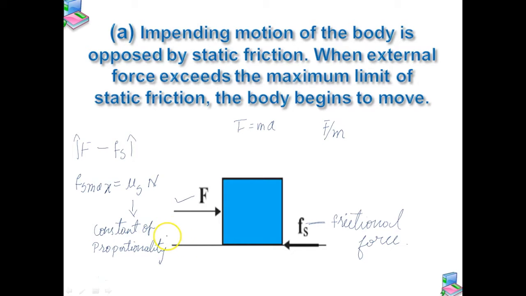The constant mu s is called the coefficient of static friction. The law of static friction may thus be written as Fs is always less than or equal to mu s into N. So this is the law of static friction.